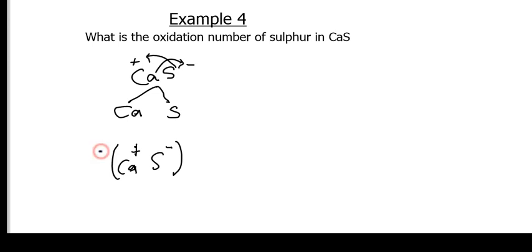So if I put a bracket and add 2 outside, 2 times 1 will give me Ca 2 plus, 2 times minus 1 should give me S 2 minus. So this agrees with the charge of the group of calcium, and the sum agrees with the charge on the compound. The charge on the compound there is definitely 0. Plus 2 minus 2 gives us 0.